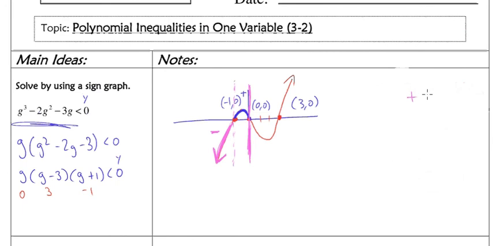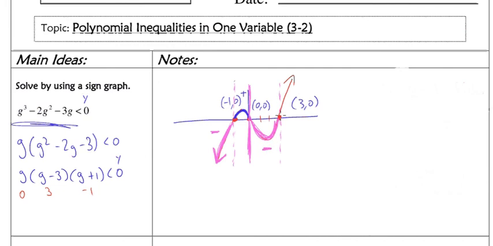We'd have something positive is less than 0, and that's not true. So those are where we get false solutions. Continuing on, this whole range right here between 0 and 3, for those g values, the output we get is negative. So those are solutions for us again.